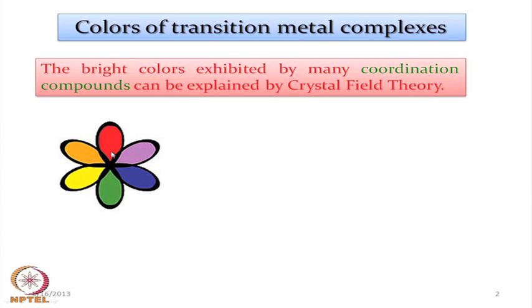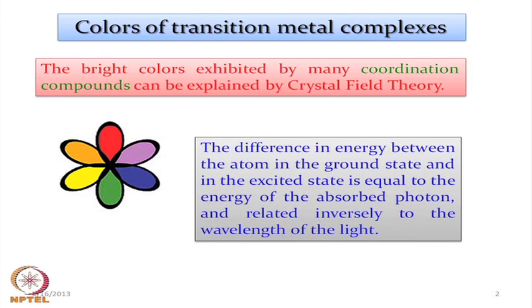If we consider it as a 6-leaf flower, then immediately we can have some ranges for the color absorption for a particular wavelength range, and what we will be seeing is the corresponding complementary color, due to the absorption related to the crystal field splitting energy.